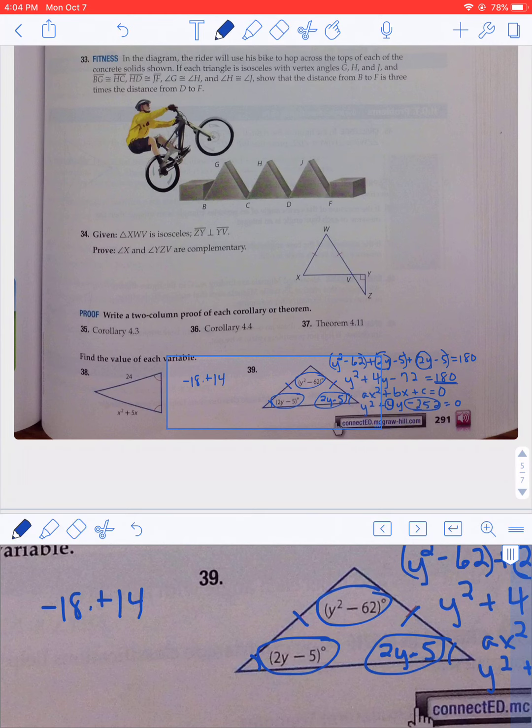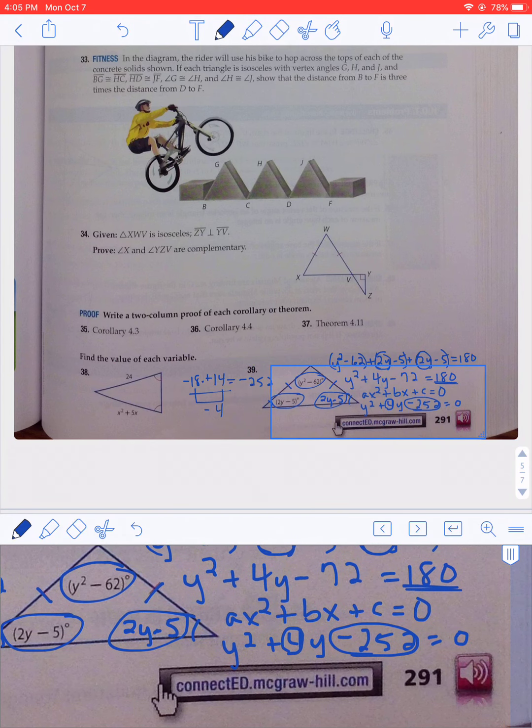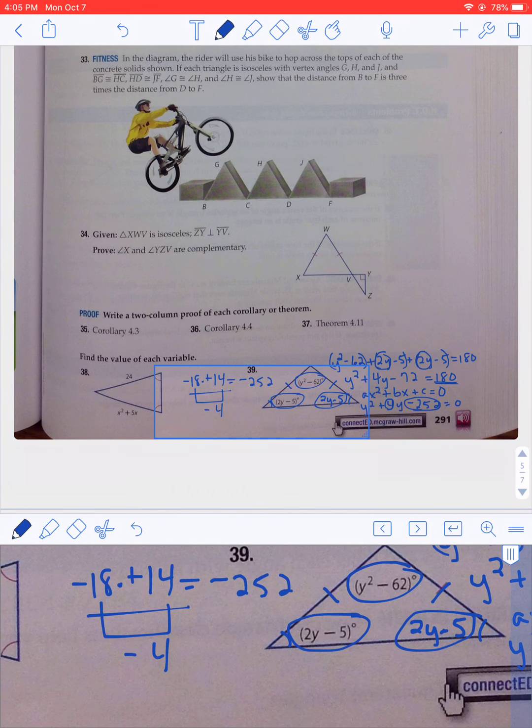Okay, so if you kept working with it, you'd realize that 18 times 14, or specifically negative 18 times positive 14, will give you a negative 252, okay? But added together will give you a negative 4, and that doesn't work because if you look back over here at our equation, oops, I had that backwards.